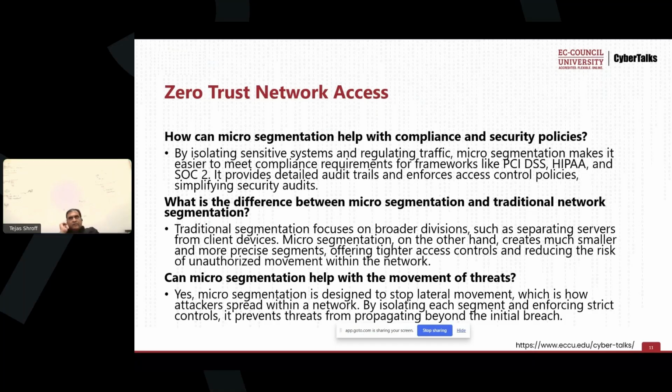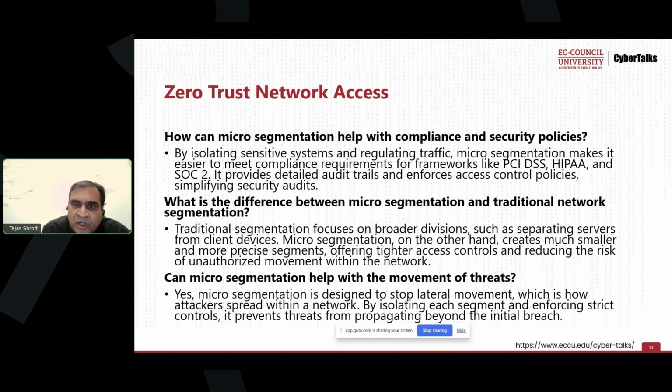So, if somebody may recall from the previous discussions or whatever they've seen, what does Zero Trust do? Zero Trust is making sure that you're not moving without any checks and balances across the network, right?